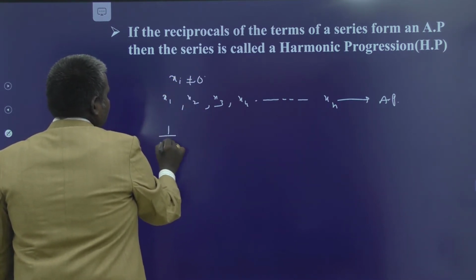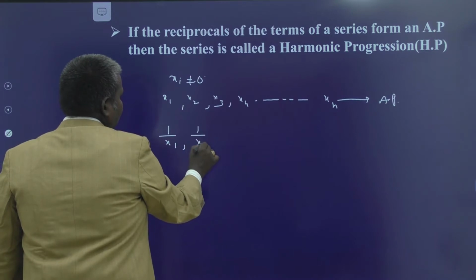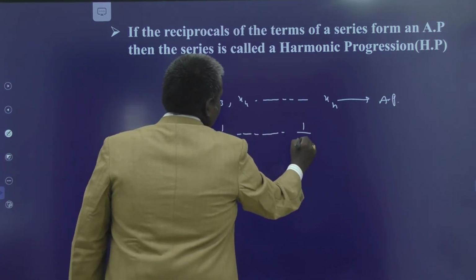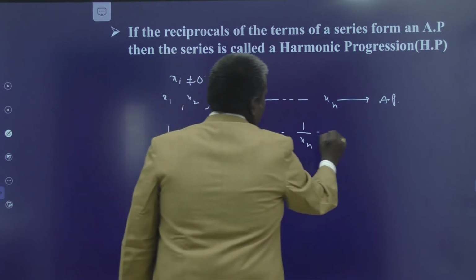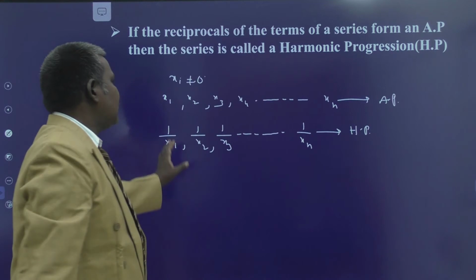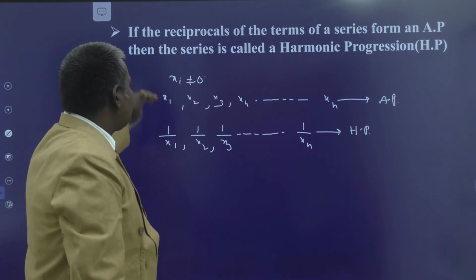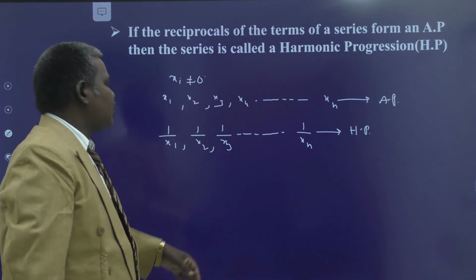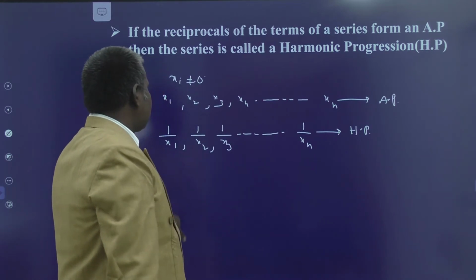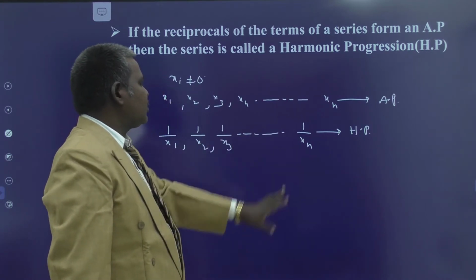Take their reciprocals: 1 by x1, 1 by x2, 1 by x3 and so on up to 1 by xn. These are in harmonic progression. We are taking the reciprocals of the arithmetic progression. This is my first term, second term, third term, fourth term and so on.